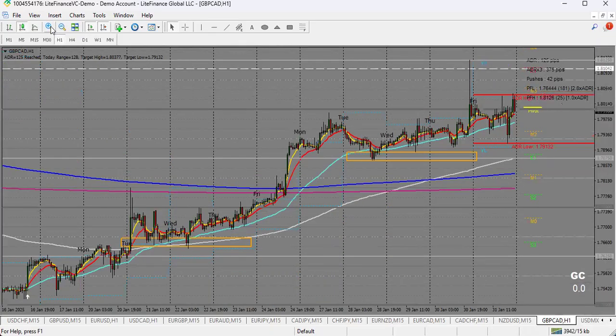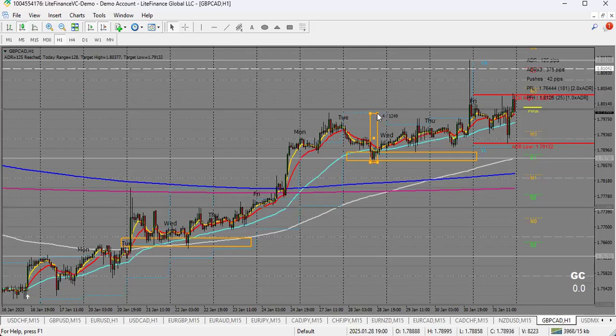Mostly we would expect the peaks and peak resets to occur around these half points or the hesitation zone, so these levels here. If you draw ADR boxes from this point, ADR is around 125, and I think this ADR has increased because of this strong movement that has occurred on Thursday, and this occurred on all CAD pairs.